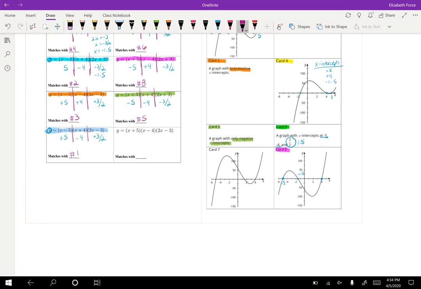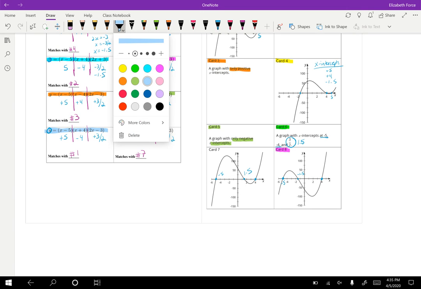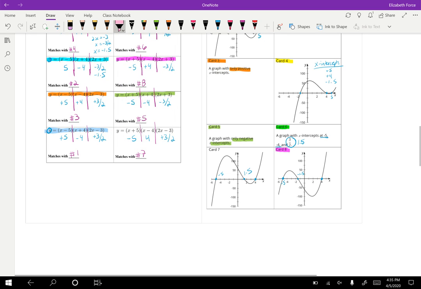Which means last but not least, card number 7 is going to have to match, but I'm going to check it to make sure. You've got a 0 at negative 5, a 0 at 4, add the 3, divide by the 2. So here are your 3 zeros, which are your 3 x-intercepts. Negative 5, yep, that works. Positive 4, and perfect, 1.5. So they do, in fact, match. Card number 7 goes with this function.